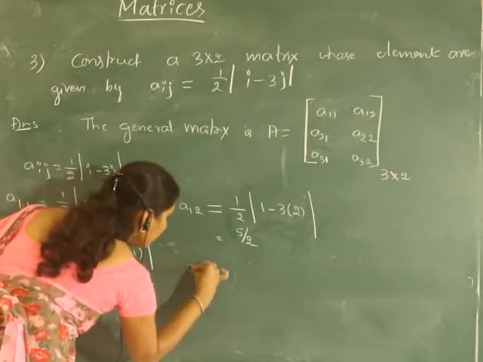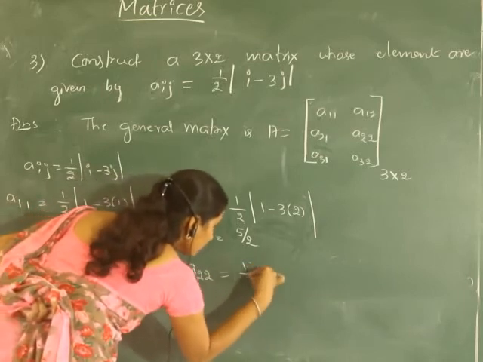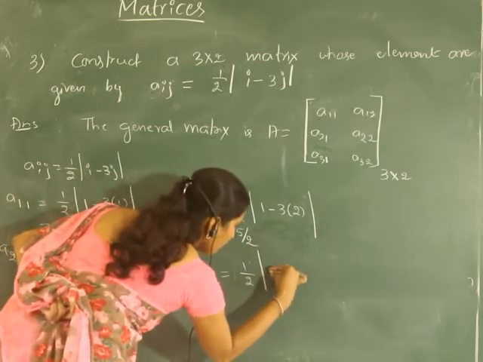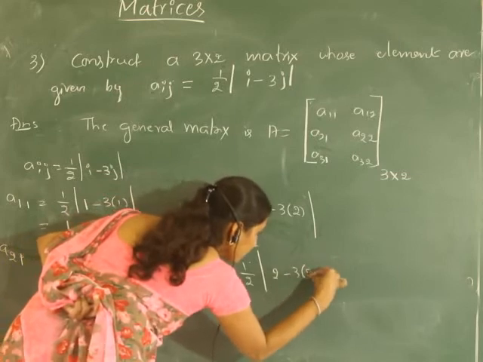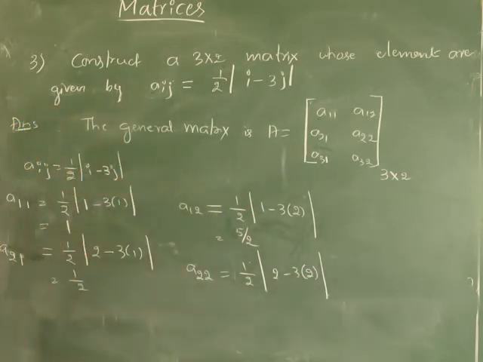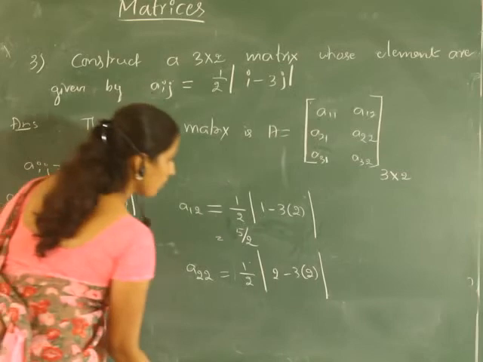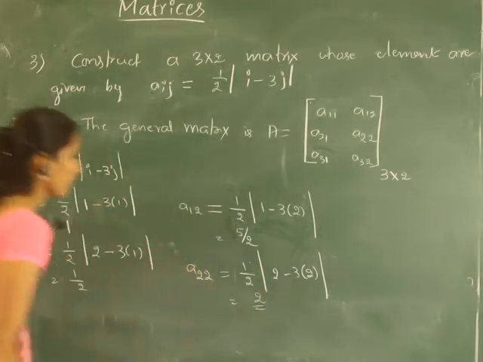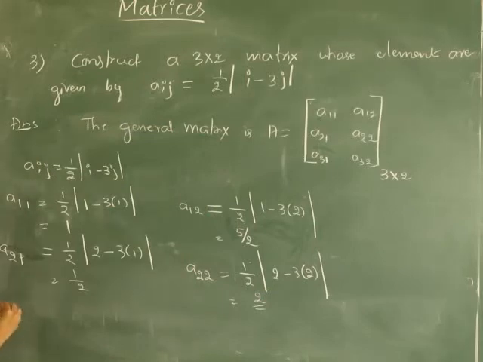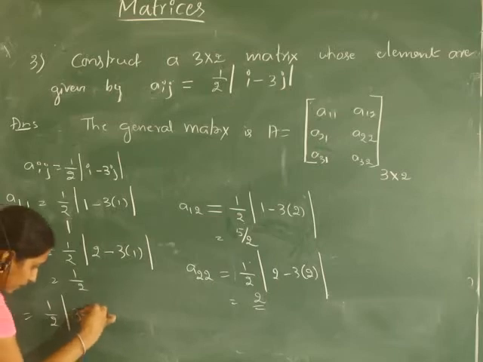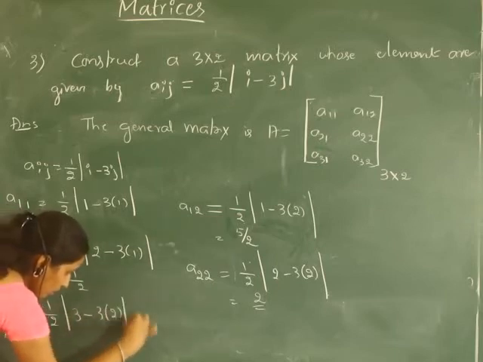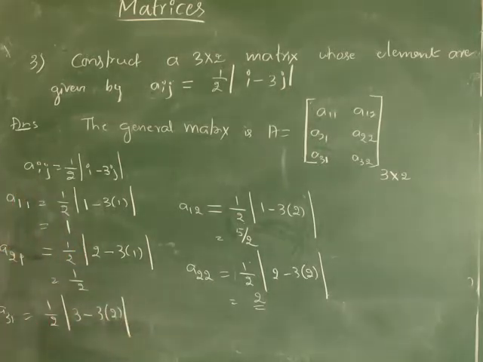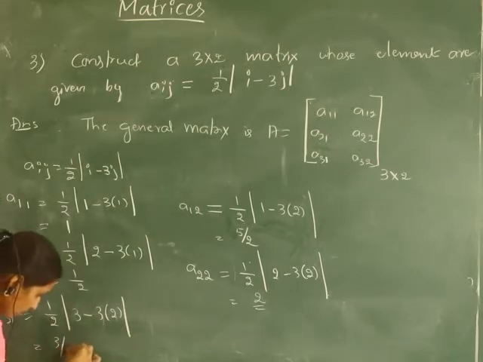Then a22 is half into modulus of 2 minus 3 into 2. 3 into 2 is 6, 2 minus 6 is minus 4, the modulus is 4, so it will be 2. Then a31, half into modulus of 3 minus 3 into 1. 3 minus 6 is minus 3, modulus is plus 3, so it is 3 by 2.